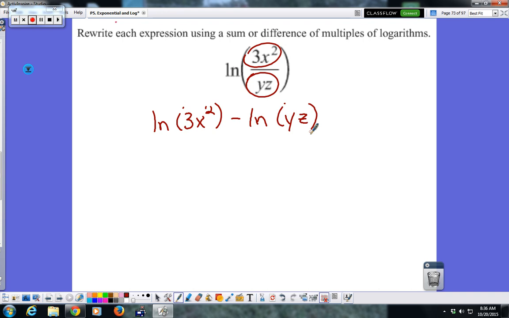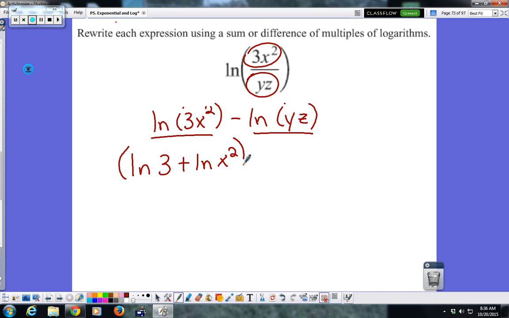Now something you do have to keep in mind here is that the whole yz is on bottom. And if you don't do this correctly, you're going to end up with part of that yz on top. Here's what I mean. Now you've got 2 separate problems that you could split by using product rule. Natural log of 3x squared would be the natural log of 3 plus the natural log of x squared.